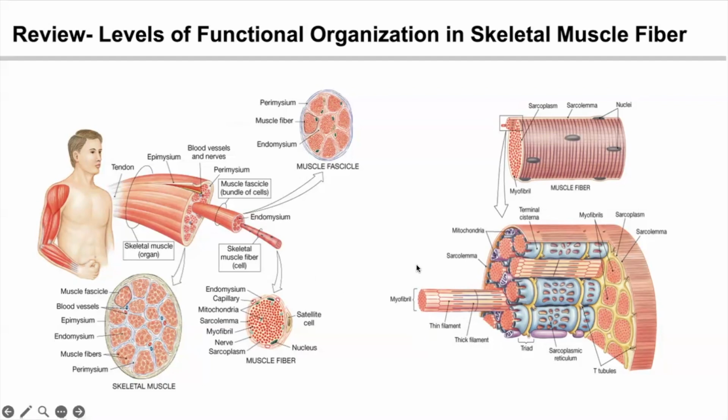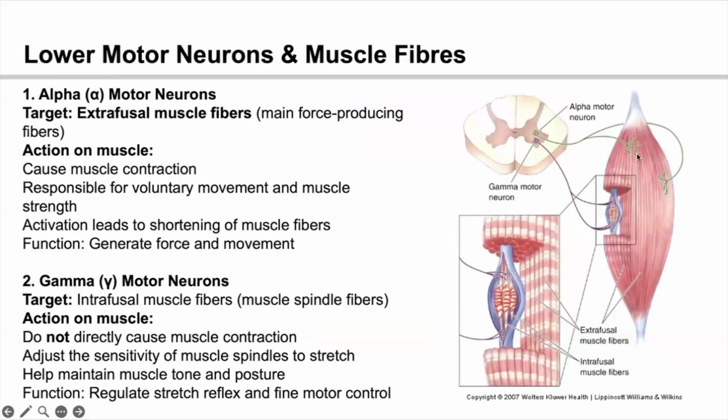The reason why we are learning this is for you to understand that these muscle fibers, in turn, are made up of two different types of fibers. One is known as extrafusal fibers, the other is known as intrafusal fibers. Extrafusal fibers make the bulk of the muscle, and intrafusal fibers are in the inner part of the muscle.